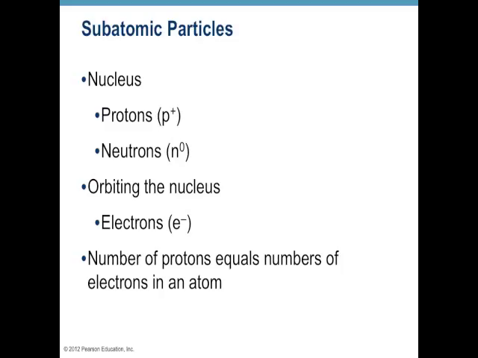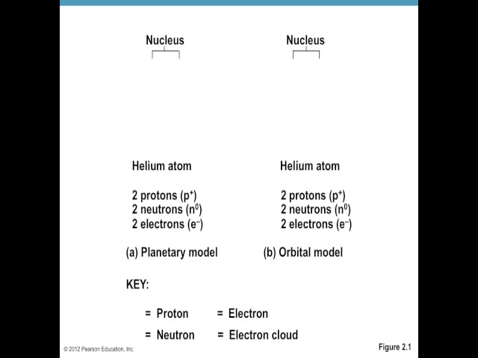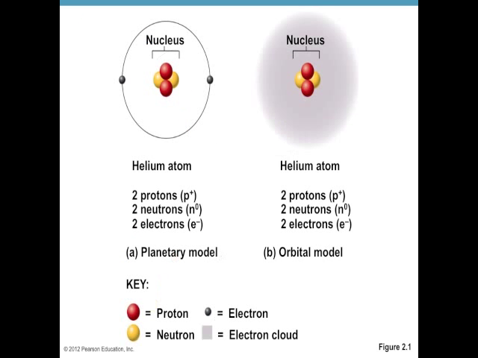It's going to be neutral. And the only way that that is possible is if you have the positive protons an equal number with the negative electrons. They have to balance out. So we know that every time we find out how many protons are in an atom, we automatically know, all things being equal, how many electrons that atom is going to have as well. Now, these are the two models of atoms that we're going to look at.